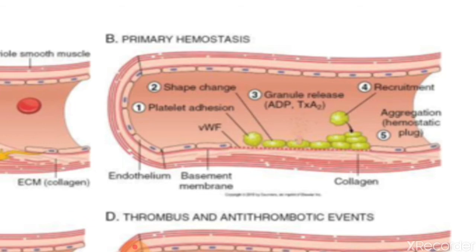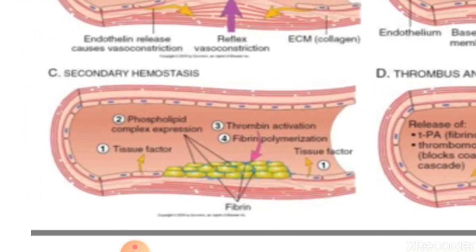Now, as we said, the platelet plug is not strong enough, and sometimes when there is a mild or a small injury, the platelet plug might perform a role in stoppage of bleeding. But when the injury is severe, the secondary hemostasis comes into play.